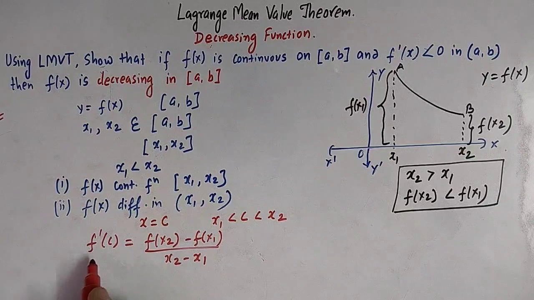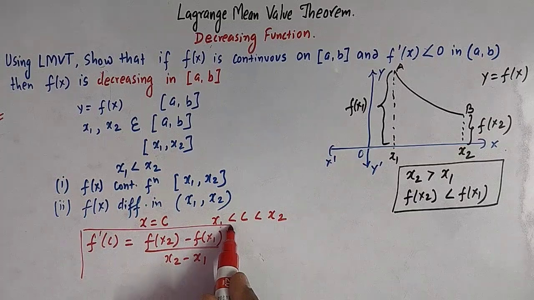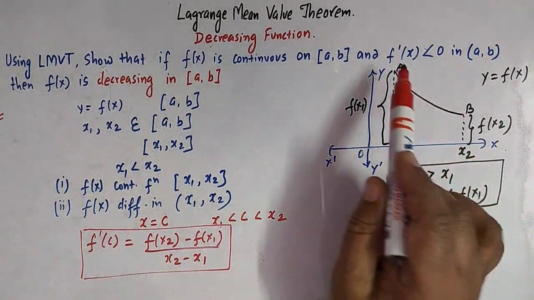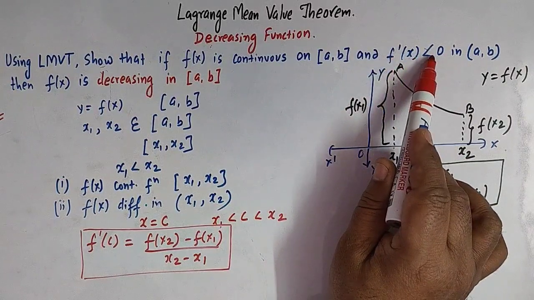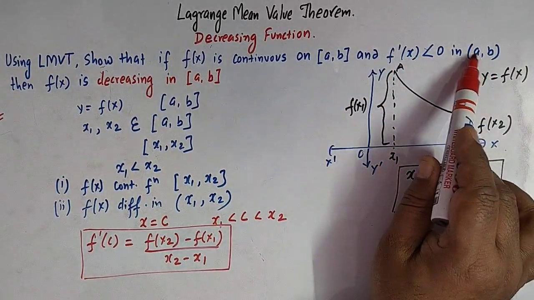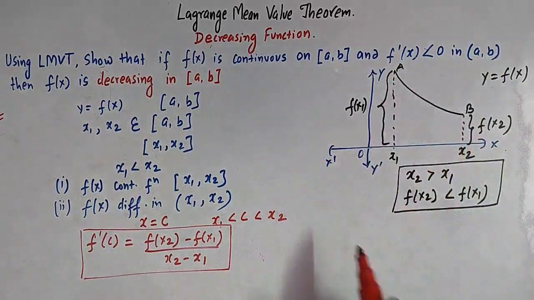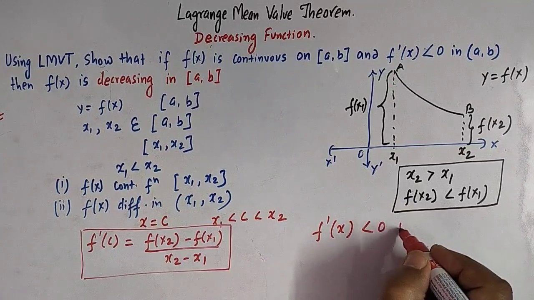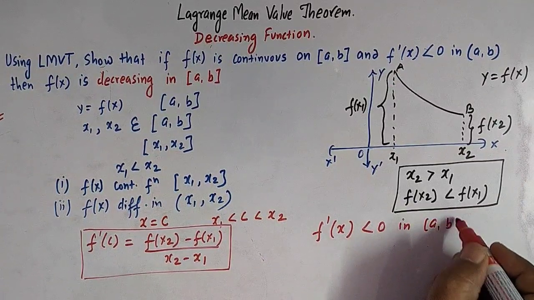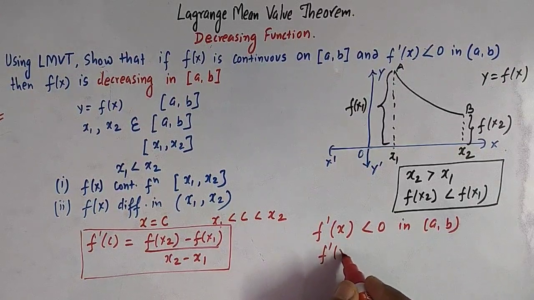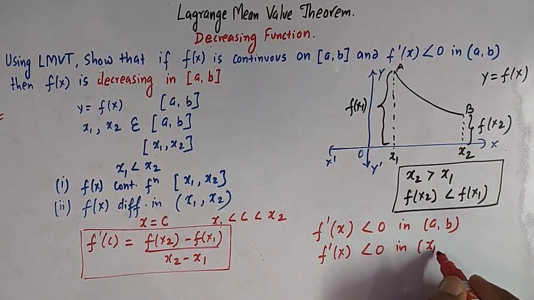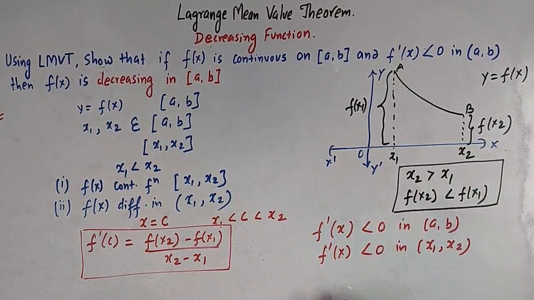Okay, so now what we will do further, we'll utilize this statement to arrive at this condition, right? So see here, f prime of x is less than 0 for the interval a comma b. So we are given that f prime of x is less than 0 in a comma b. So obviously f prime of x must be less than 0 in the interval x1 comma x2, right?